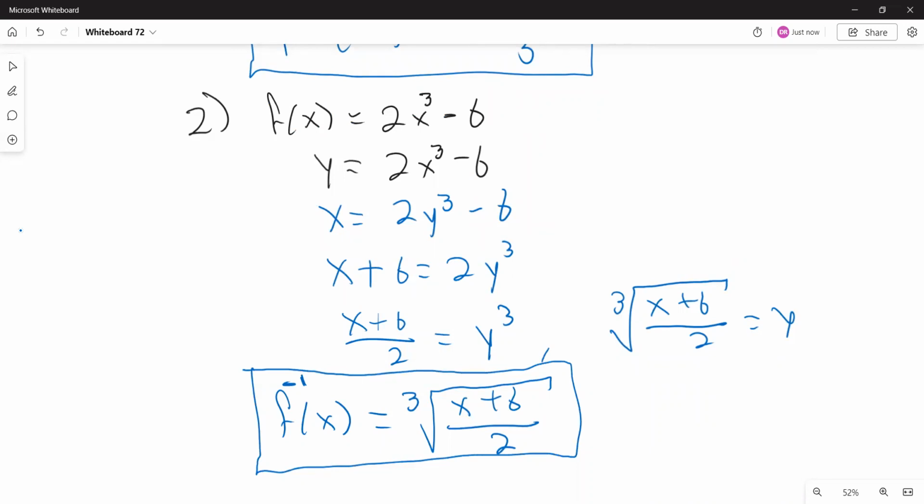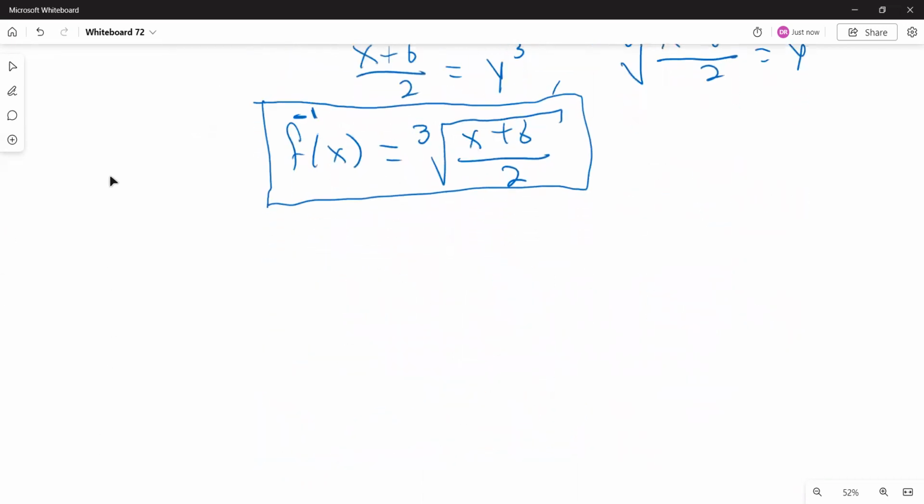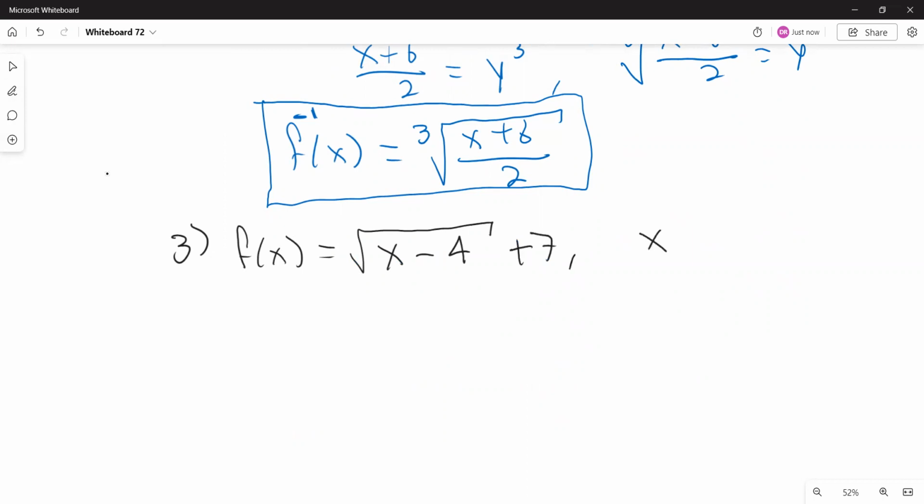Next example, same question. We're going to find the inverse of the function. So the third function is f of x equals the square root of x minus 4, plus 7, where we have a restriction because we have a square root.